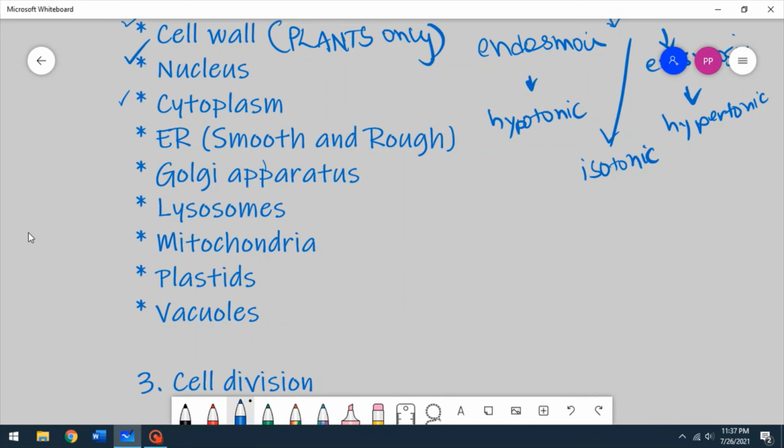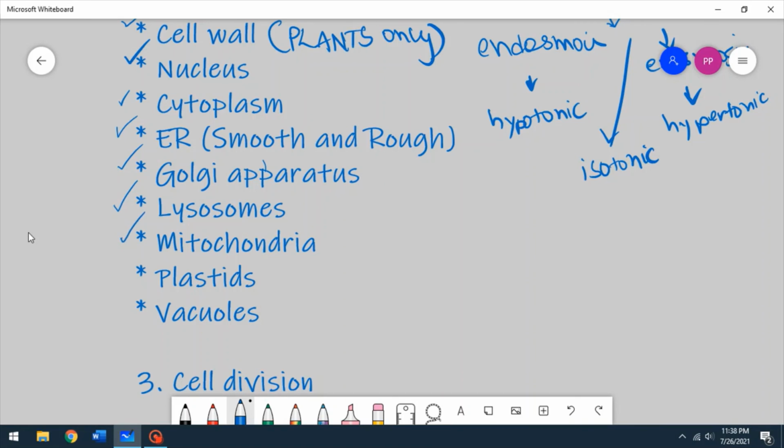We learned about smooth endoplasmic reticulum and rough endoplasmic reticulum, the presence of ribosomes on the rough endoplasmic reticulum that gives it the texture. And then we learned about Golgi apparatus, which transports the proteins that are manufactured by the ribosomes present on the rough endoplasmic reticulum. We talked about lysosomes, which are also known as the suicide bags.